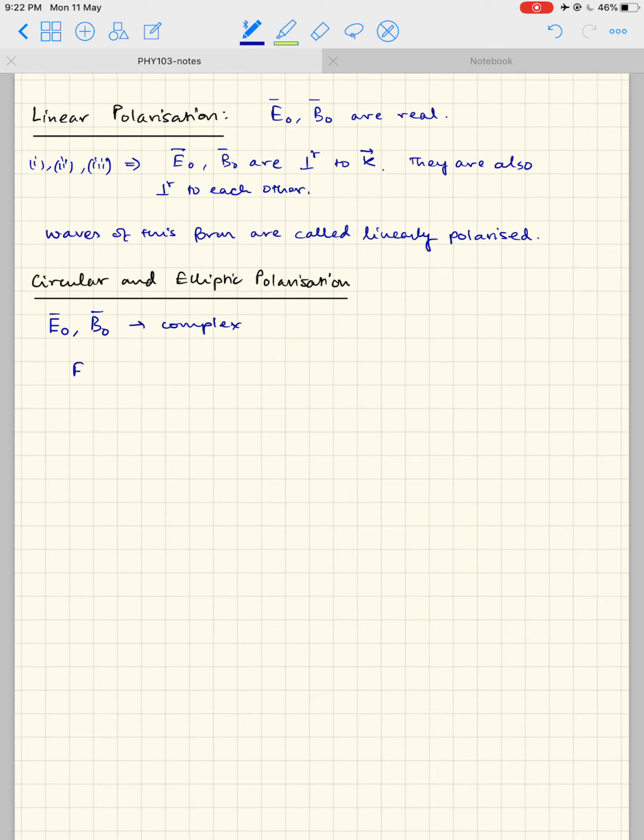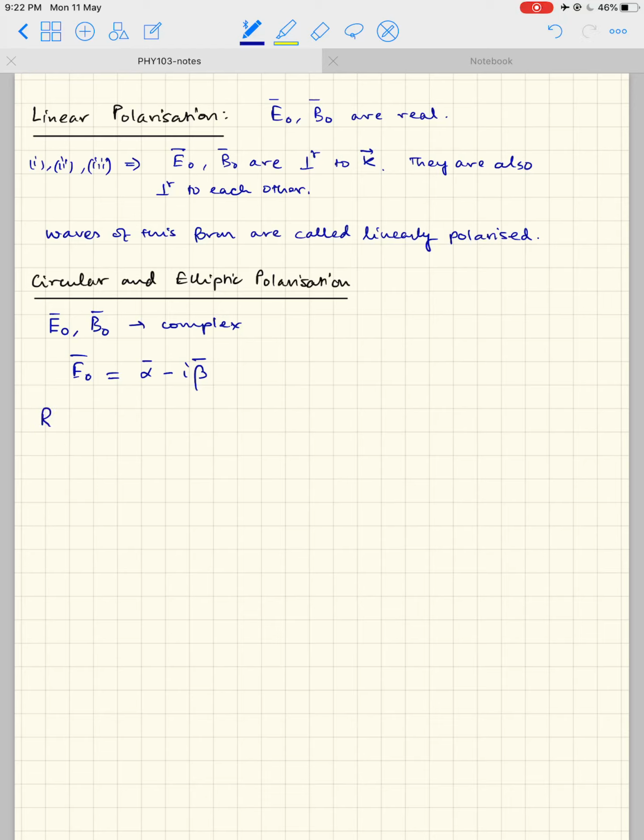So E naught is some alpha minus i beta, where alpha and beta are vectors. Let's rephrase this.